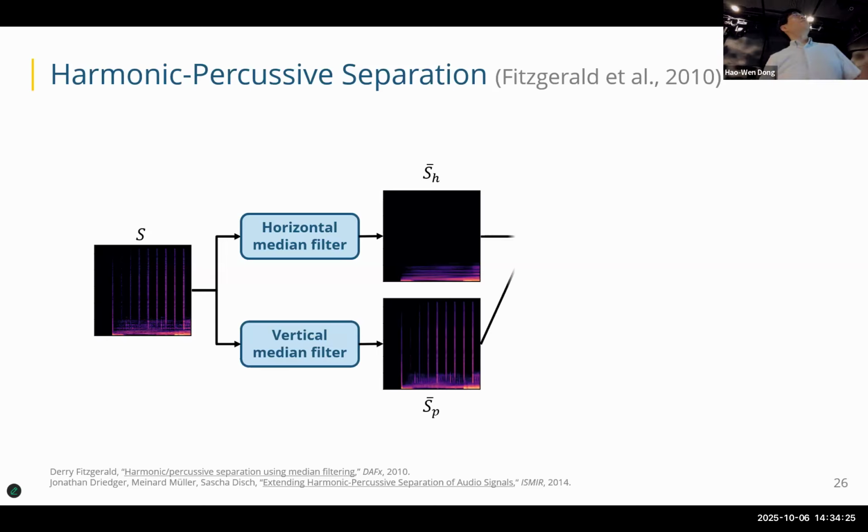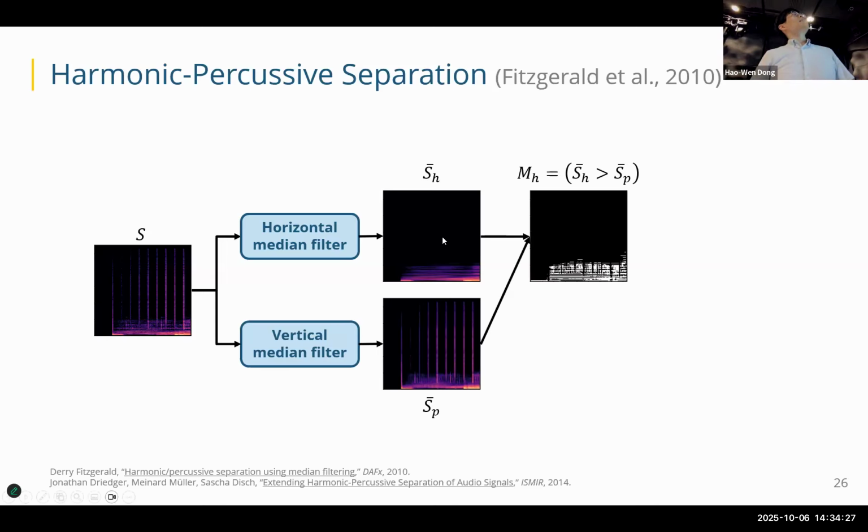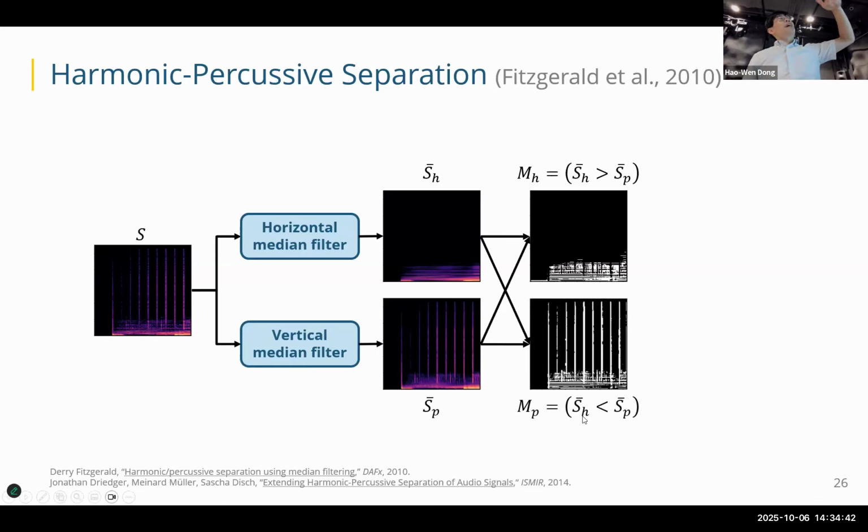Now when this harmonic part is larger than the percussive part, you get these masks. These are things that have more horizontal components than vertical. And the rest will be where SH is smaller than SV, where you have more vertical components than horizontal components.